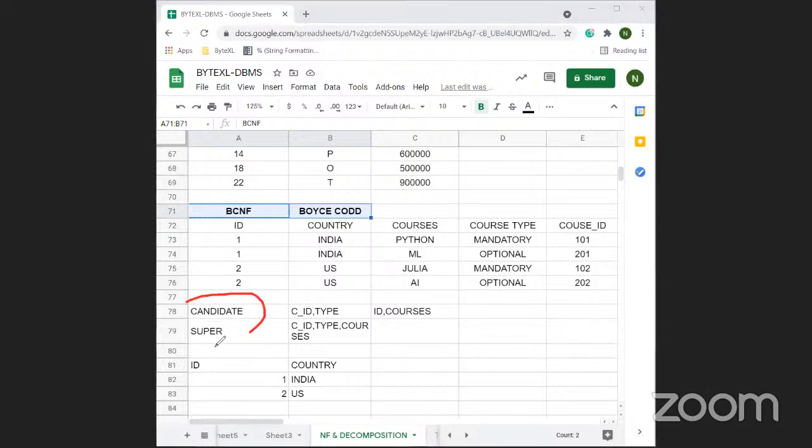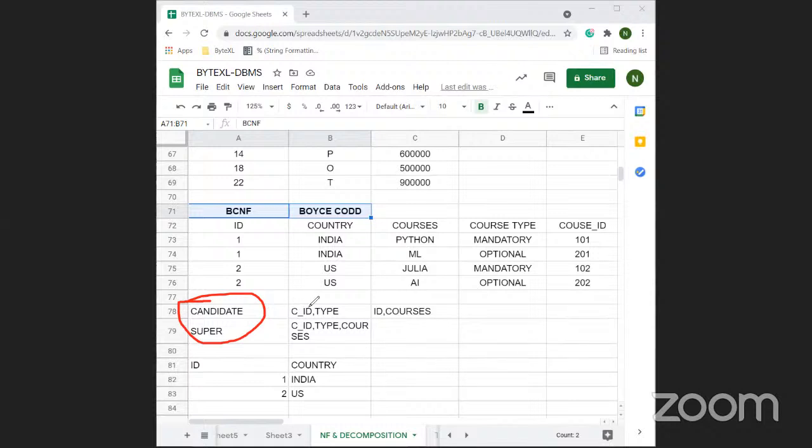We have two types of keys called candidate key and super key. Candidate keys are a combination of keys which will give us an insight on the table. If I give you a name, you cannot tell me the details of that person. But if I give you name and address, or name and phone number, or name and some other detail, the combination of these two can be used to find the details of that person. Such are called candidate keys.